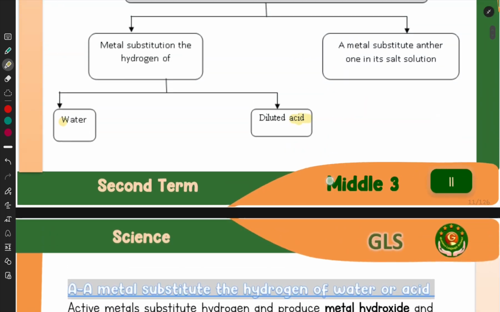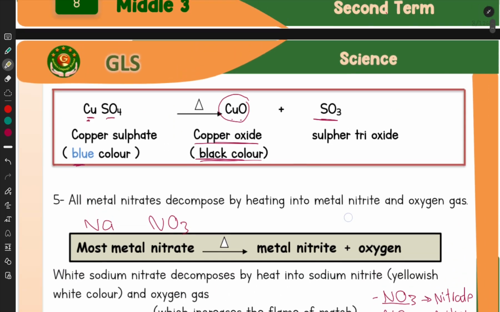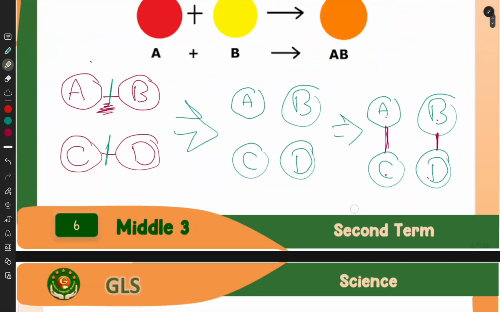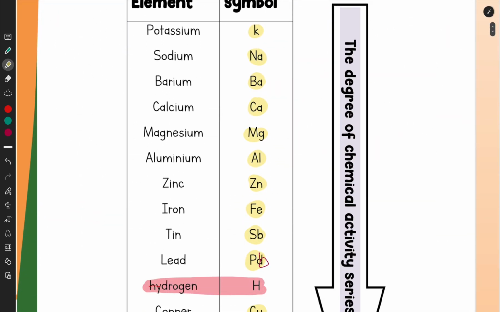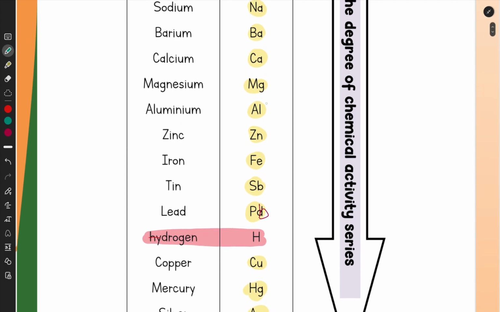Okay, but let's take another look at the chemical activity series. We have here aluminum, and we have zinc, Zn.